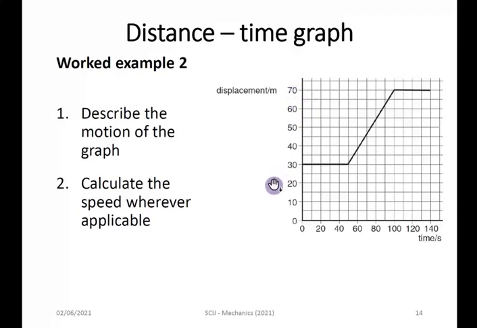That will be 70 minus 30 here. That gives me 40 for the numerator. That's for the vertical axis. The change will be 40, divided by 100 minus 50. That is 50. So 40 divided by 50 gives us 0.8 meters per second. That will be the gradient.